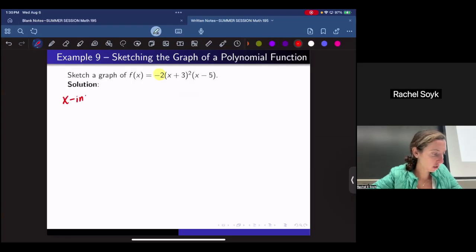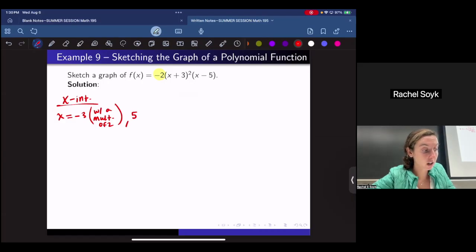Let's just look at our x-intercepts. We have x equal to -3, with a multiplicity of 2. And then we have x equal to 5. So we're dealing with another cubic function. Your highest degree is 3.